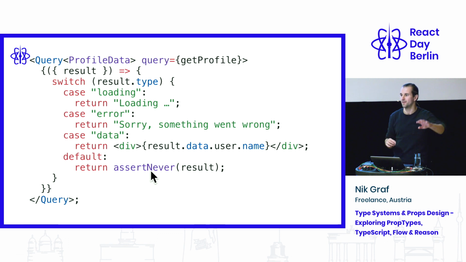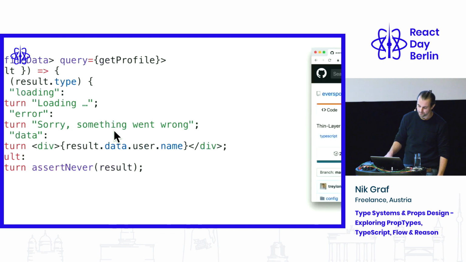So I'm checking against the implementation and against the type system, and that's pretty cool. You could leave out the default, or you could throw an error here, but in the end, the benefit you gain is that it's way more clear that it's loading or error or data, and you can't have any other state at this point.